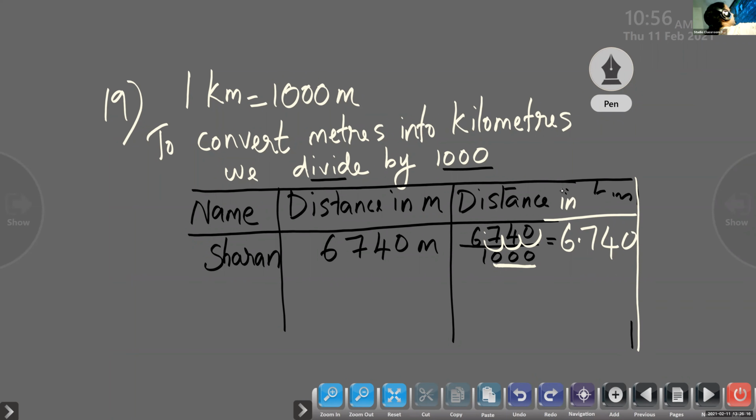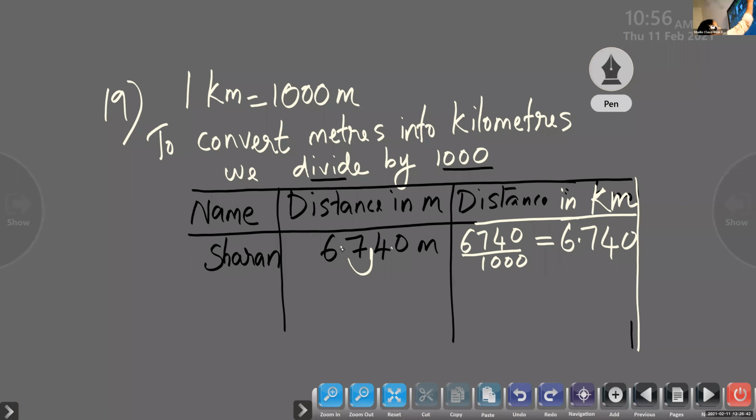Distance in kilometers. 6,740 divided by 1,000. So what do we have to do? Children, 1, 2, 3, after this we will put the decimal point.